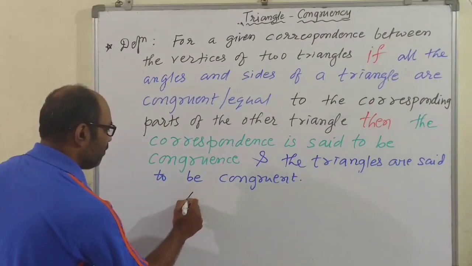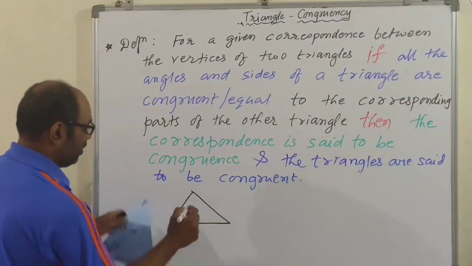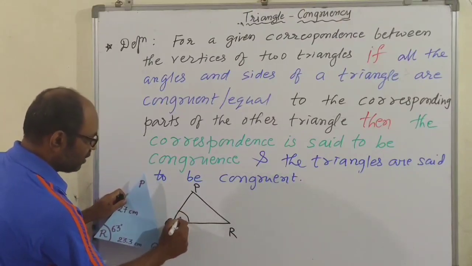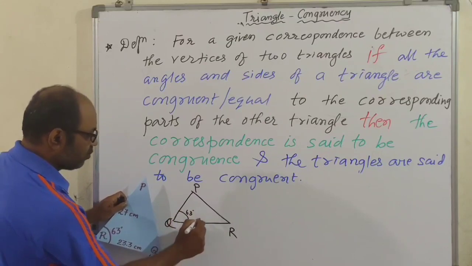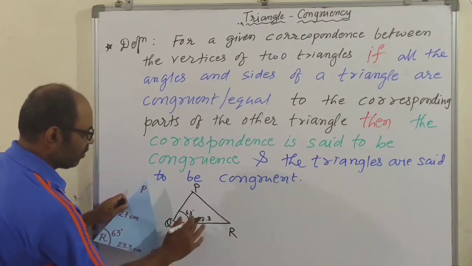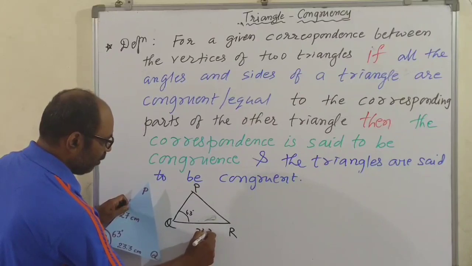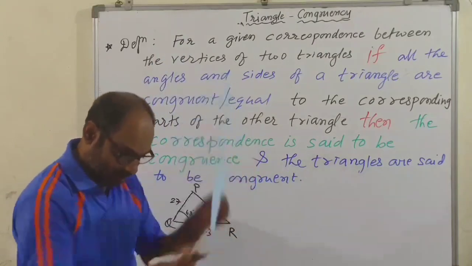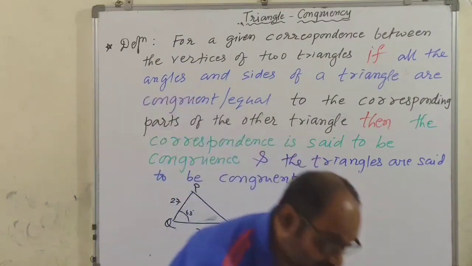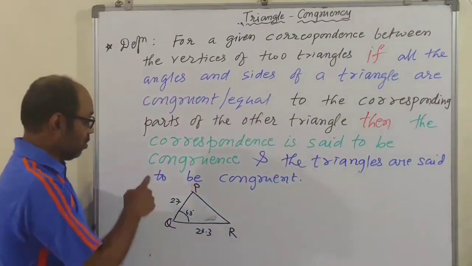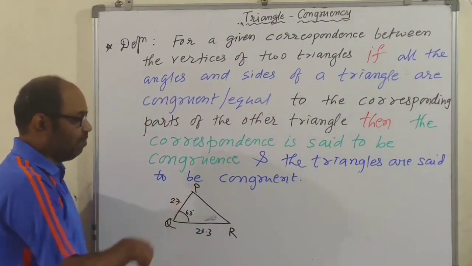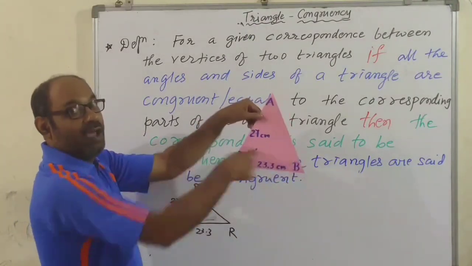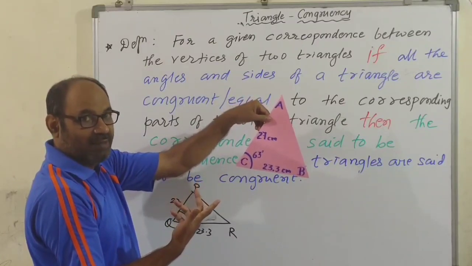Let me draw it here. This is triangle PQR. This is 63 degree. This one is 23.3 centimeter, and this one is 27 centimeter. This triangle PQR, I am placing it down. There's another triangle whose corresponding parts are congruent to these 3 parts of triangle PQR. Here is triangle ACB or ABC, anything you can say, 6 different names you can give.